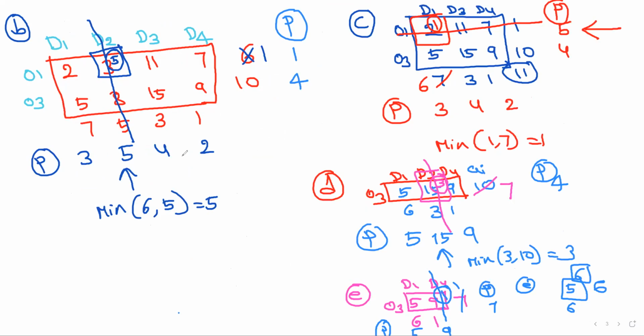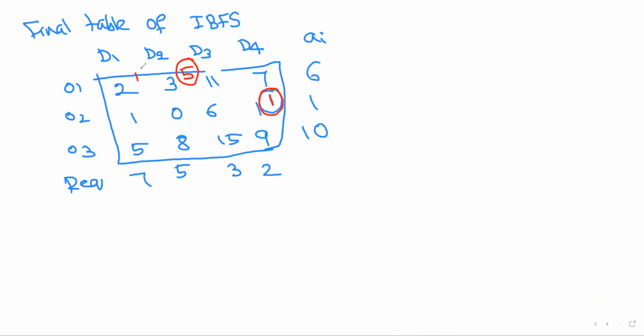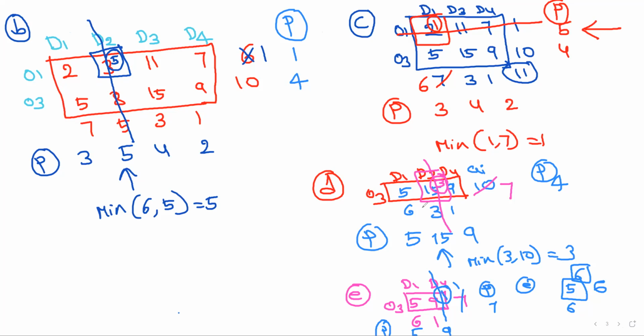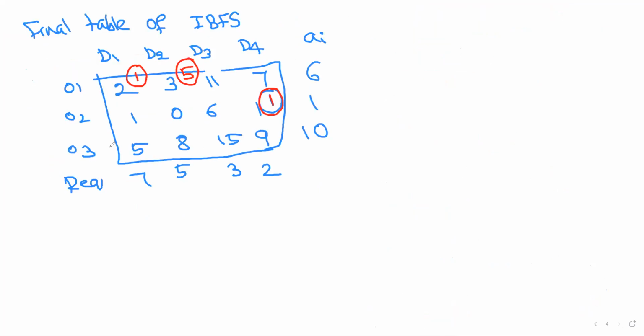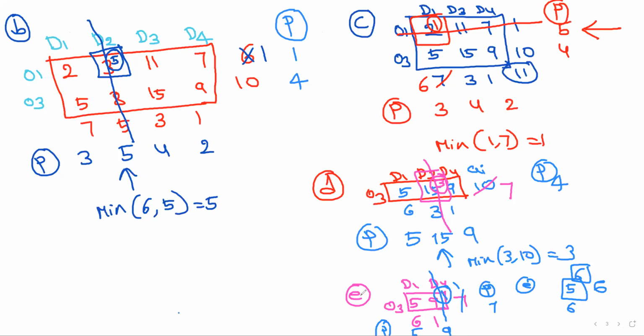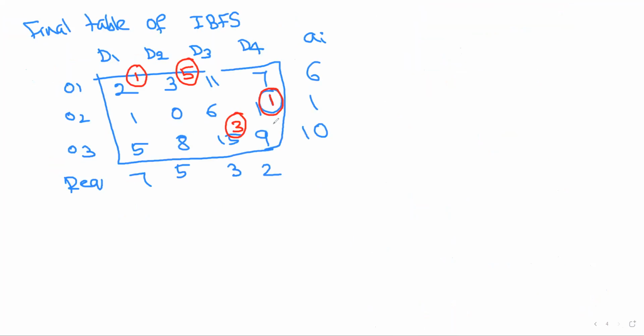Step 3, O1, D1, 1. This is 1. 3 is over. Step 4, D, O3, D3, 3. Step E, O3, D4, 1.